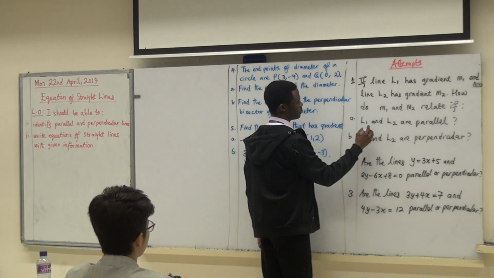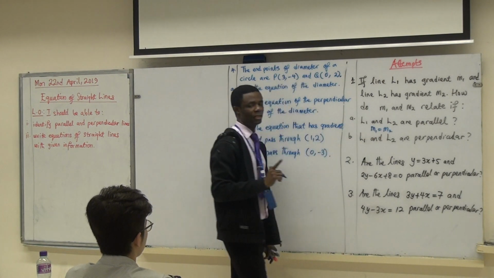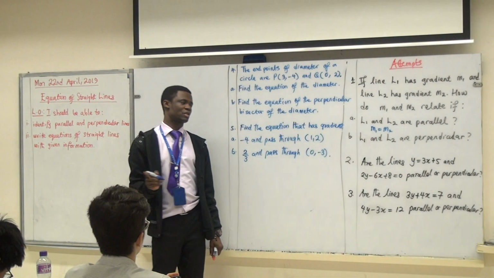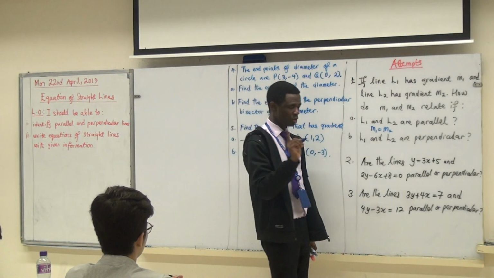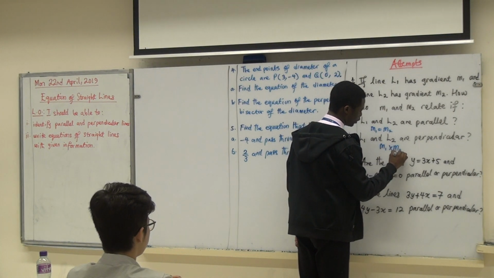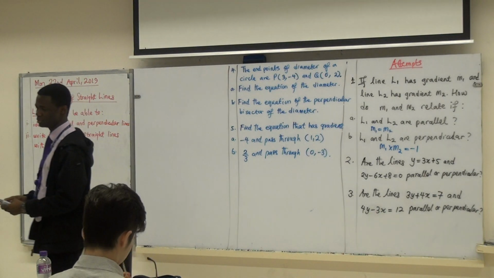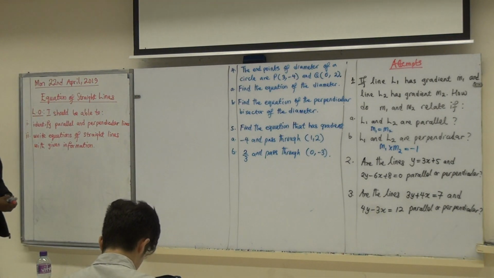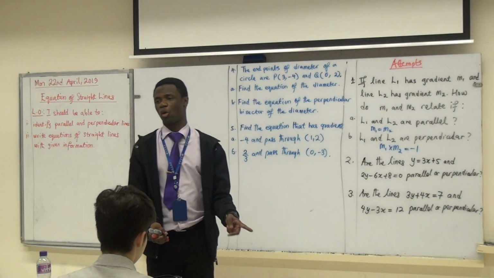So what is the relationship now? M1 equals M2. And if they are perpendicular, M1 is negative 1 over M2. That is because if two lines are perpendicular, the product of their gradients is always negative 1.